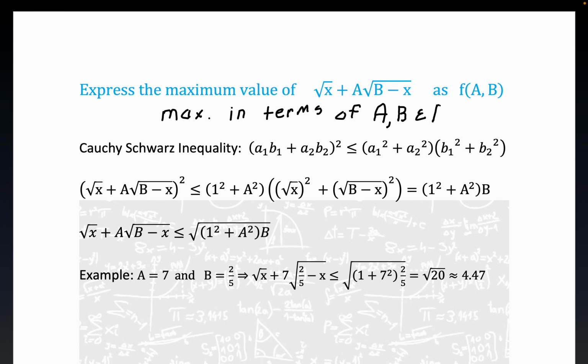Now, here's the Cauchy Schwarz for two-component vectors written down right here. I've heard it put as the dot product squared is less than or equal to the product of the magnitude squares of the vectors. In this case, the vectors would be two-component, but this holds for however many components you want. Now, there's an understood 1 here, a coefficient of x.